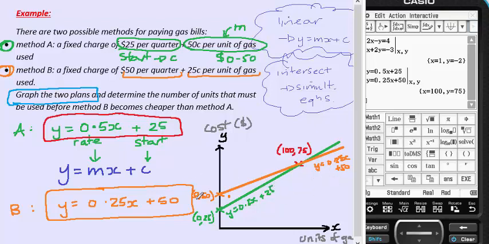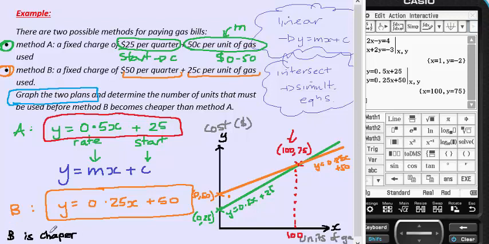So now I know that I've graphed the two plans by using 2 points from each plan, and now the number of units that must be used before graph B becomes cheaper than graph A. I come down here and looking at my x-intercept, my orange plan becomes cheaper after 100 units. So I'll say B is cheaper.